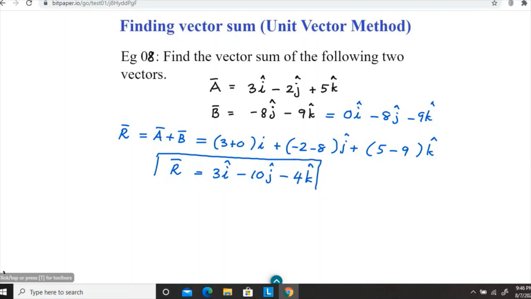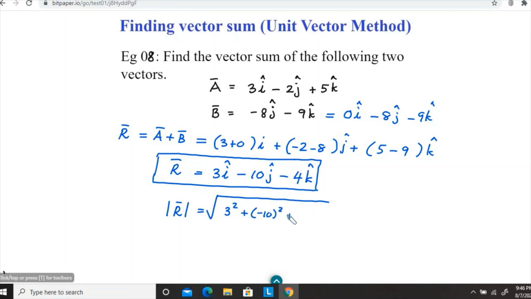Now finally, if you like, you can even find the magnitude of this resultant vector. The magnitude of the resultant vector is given as the square root of the i component squared, plus the j component squared, plus the k component squared.